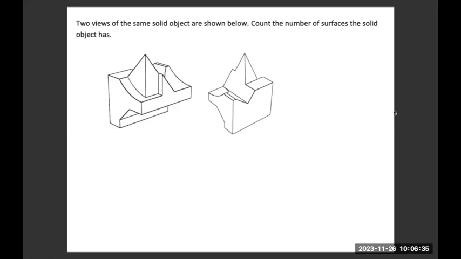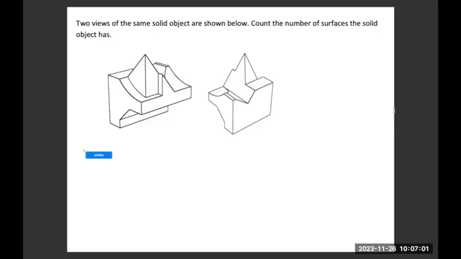Ashvi, correct answer. Aditya, correct answer. All right, let's do this.